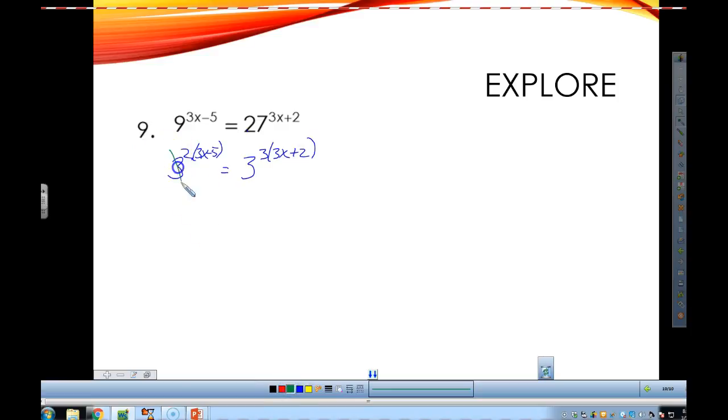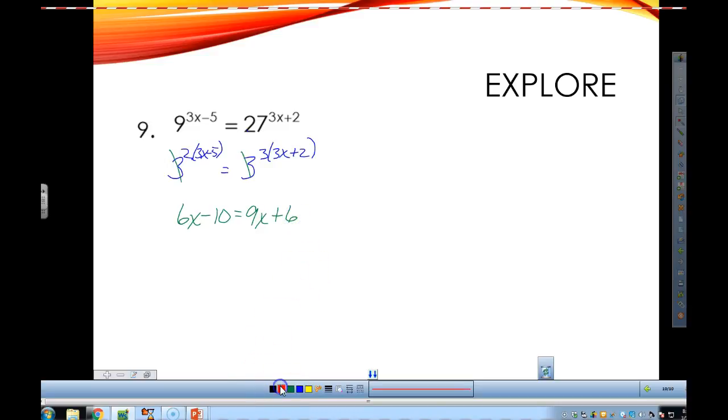Cancel those 3's out. And now distribute. 2 times 3x is 6x. 2 times negative 5 is negative 10. Equals 3 times 3x is 9x. 3 times 2 is 6.